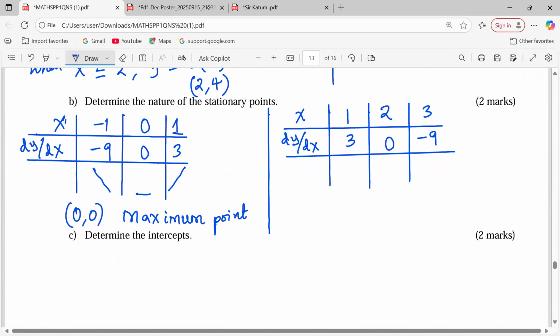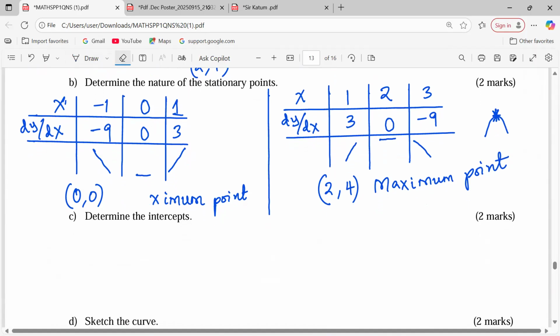The gradient is changing from 3, a positive gradient, through 0, then to negative. So we can conclude that (2, 4) is actually a maximum point, the highest point, because it's turning this way.